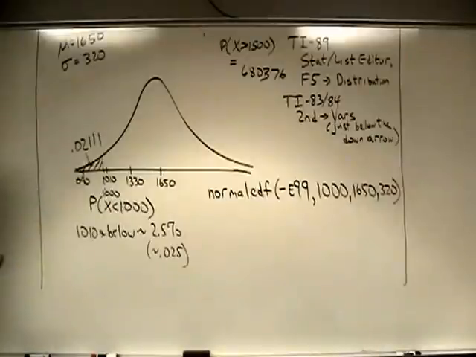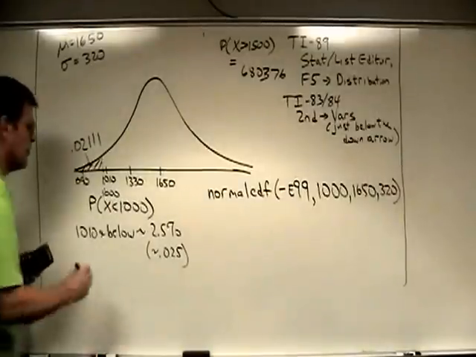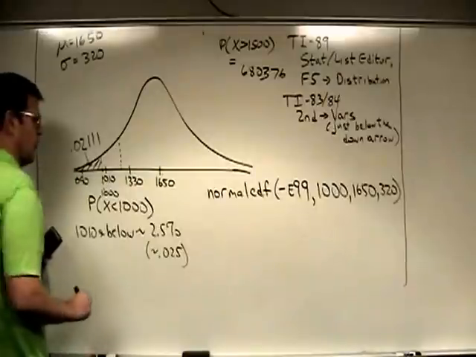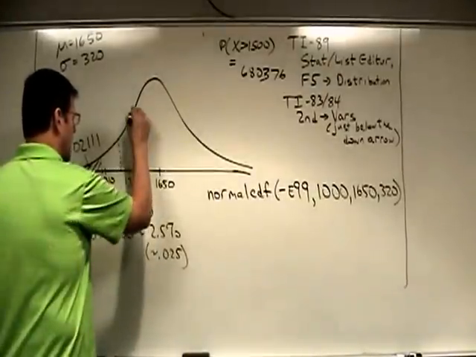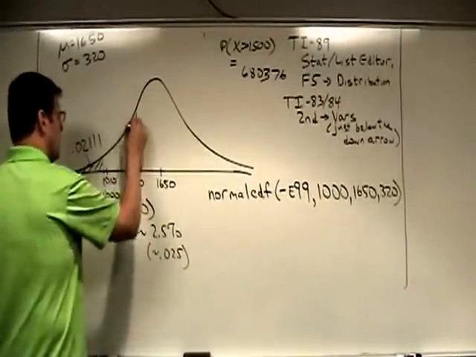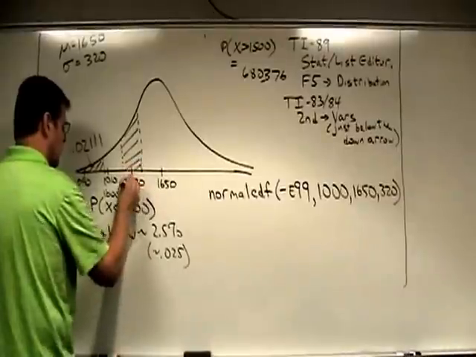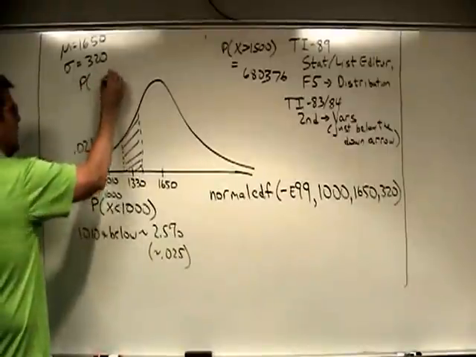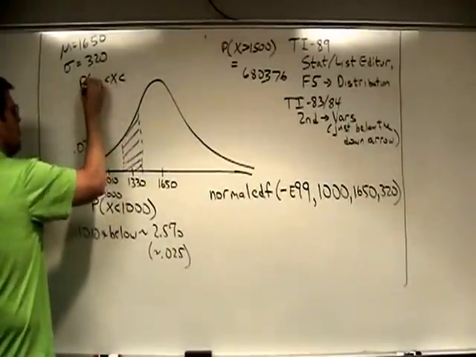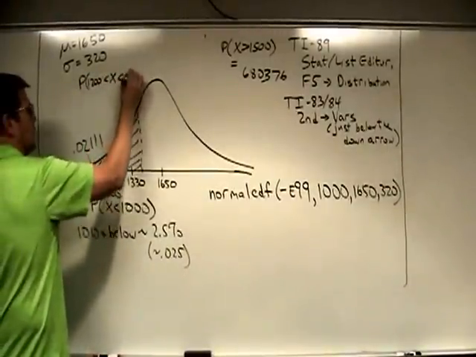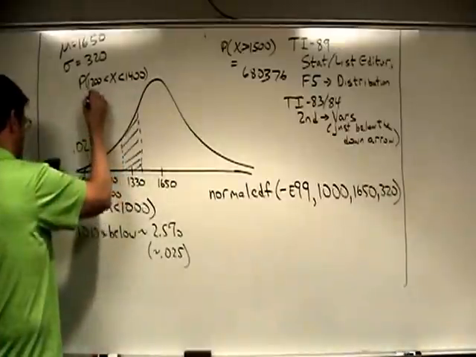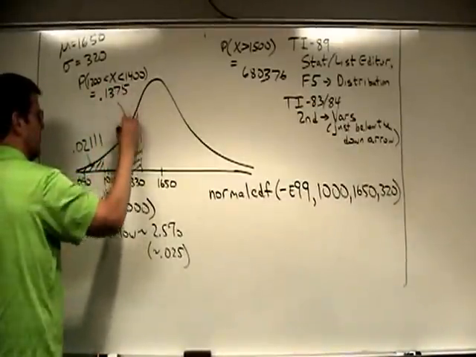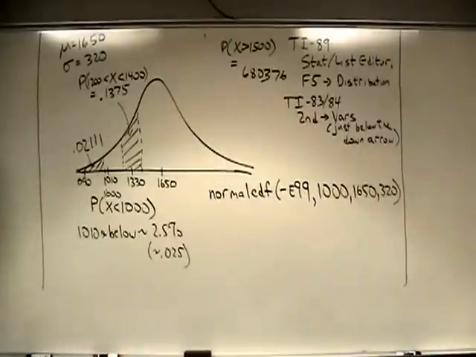Now, 1200 to 1400. 1200 is going to be right about here, and 1400 is going to be right about here. So as far as that region is concerned, the probability that X is between 1200 and 1400 is equal to 0.1375. And that is that area right there.